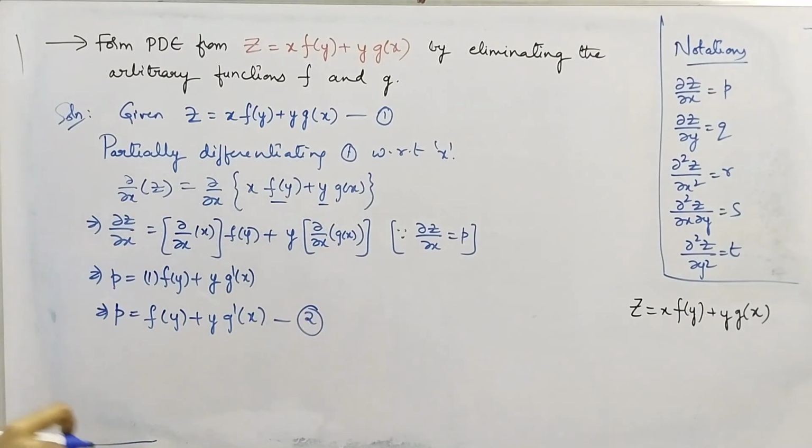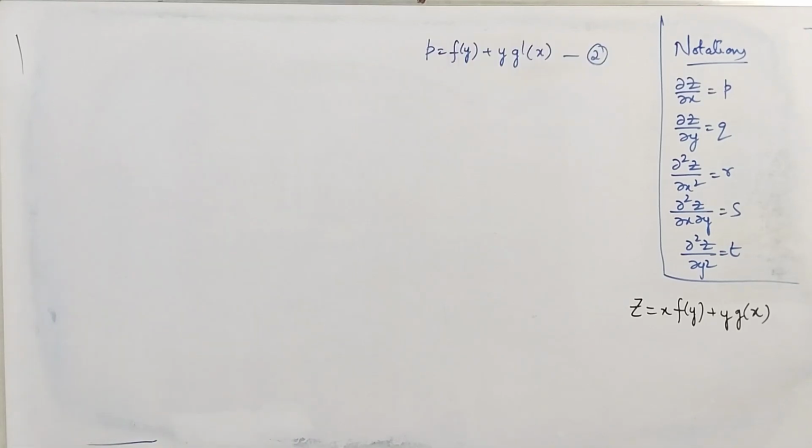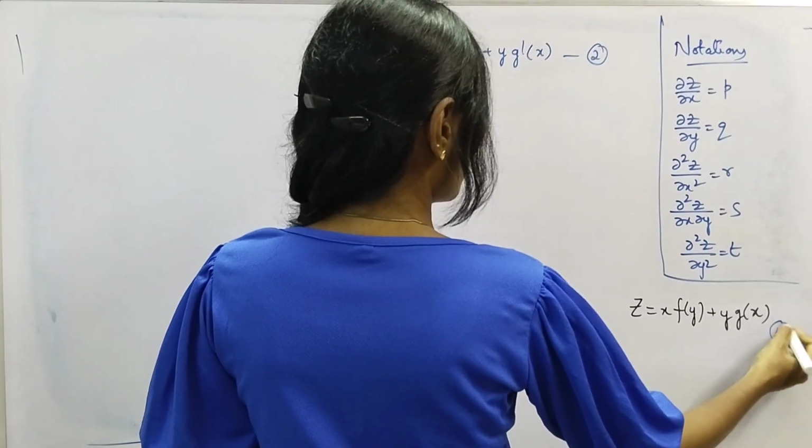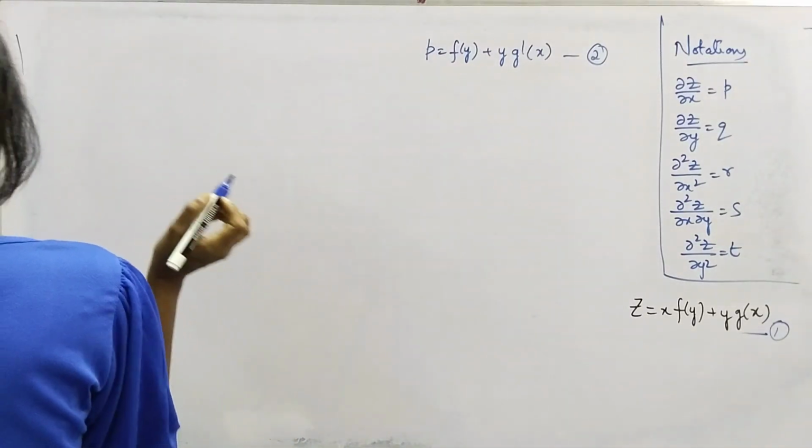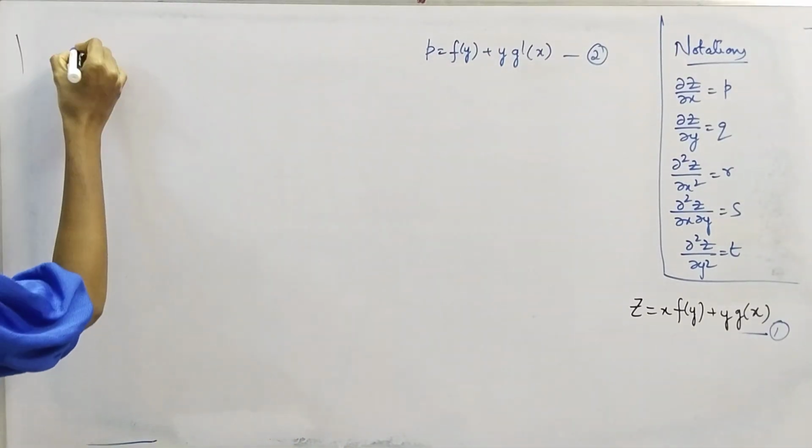Now let's partially differentiate 1 with respect to y. This is our equation number 1.